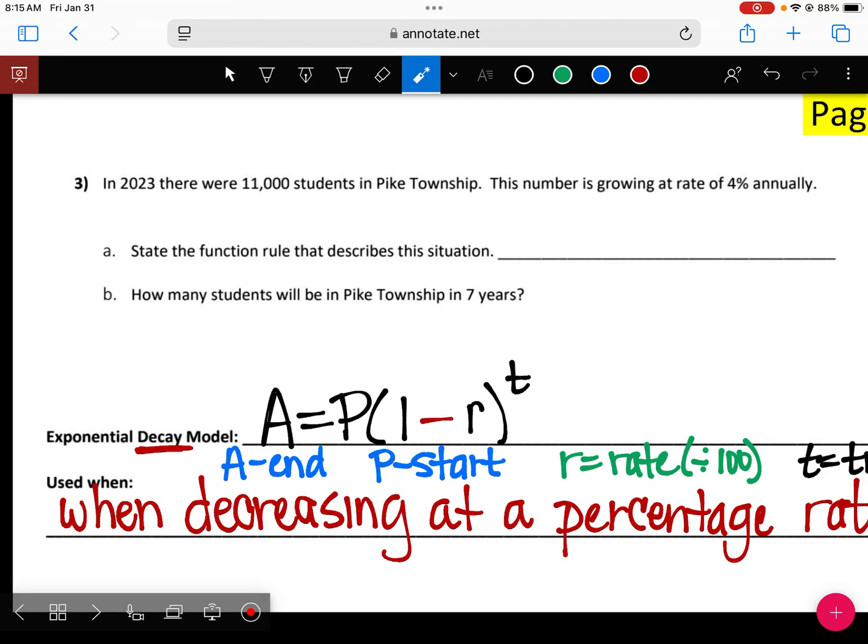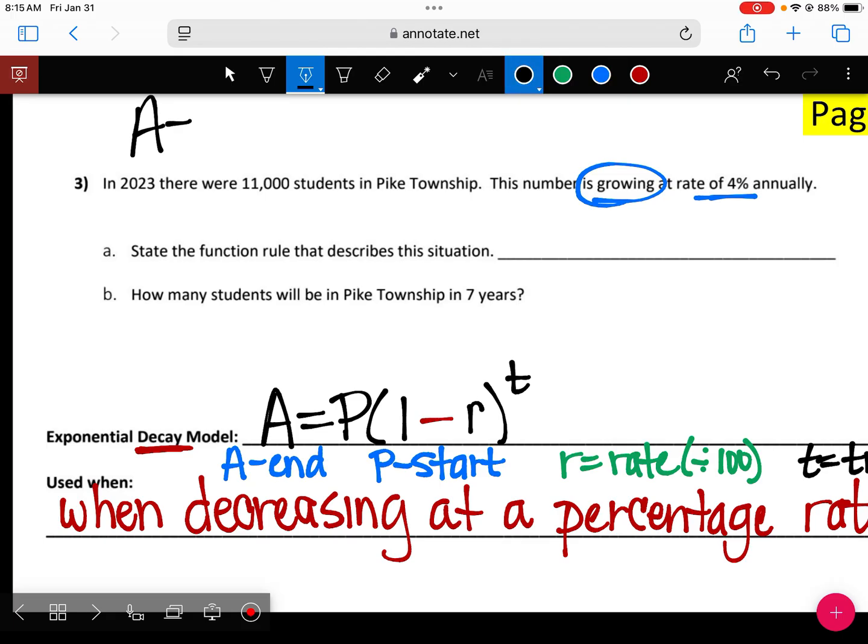So we have in 2023, 11,000 students. There were 11,000 students in Pike Township. This number is growing at a rate of 4%.